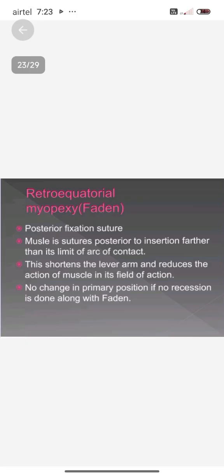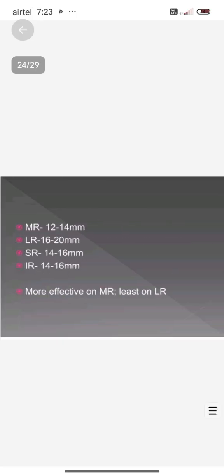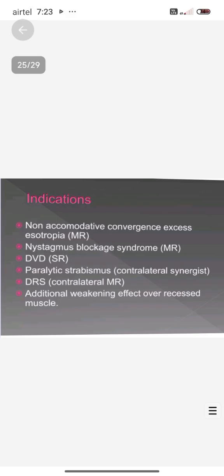There is no change in the primary position if no recession is done along with the Faden. Given: medial rectus 12 to 40 mm, lateral rectus 60 to 20 mm, superior rectus 40 to 60 mm, inferior rectus 40 to 60 mm, more effective on MR and least on LR. Indications: non-accommodative convergence excess esotropia, nystagmus blockage syndrome, DVD, paralytic strabismus, DRS, additional weakening effect over recession muscles.